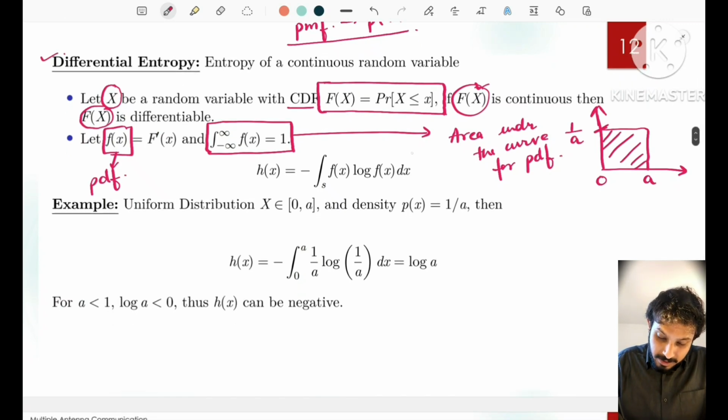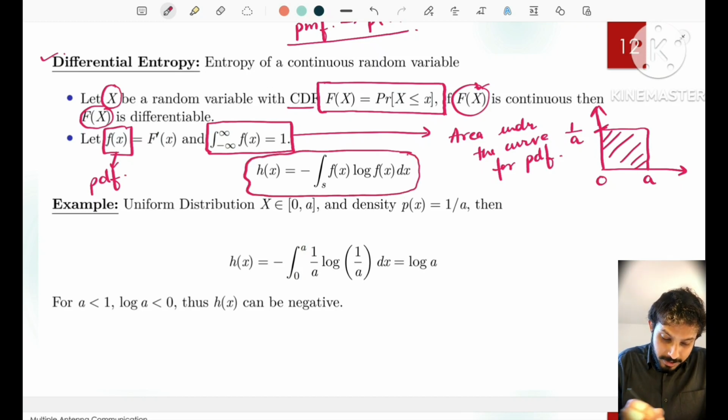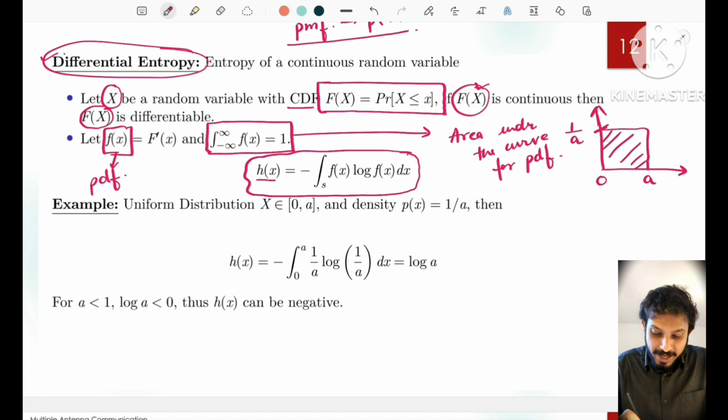And here, similar to that of discrete, we can have the definition of entropy. Here entropy is not entropy, but we represent it by differential entropy. This is denoted by small h of x is equal to integration of f of x log of f of x dx.